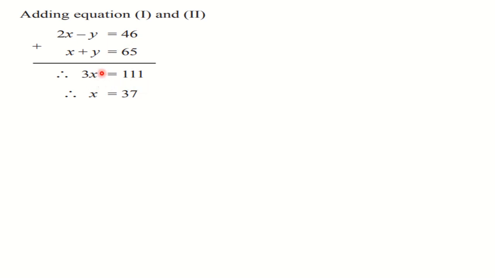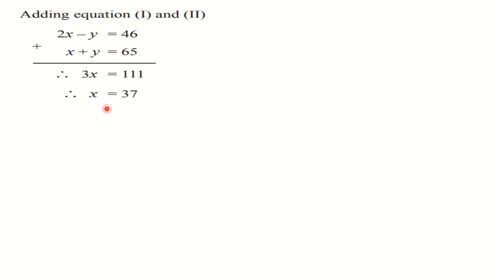And therefore x is equal to 111 divided by 3. You are going to divide. So when you are dividing 111 by 3, the answer is 37. So the value of x is what? 37. Okay. So after adding, y is eliminated and we got the value of variable x.